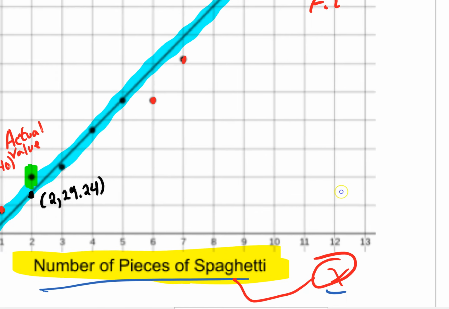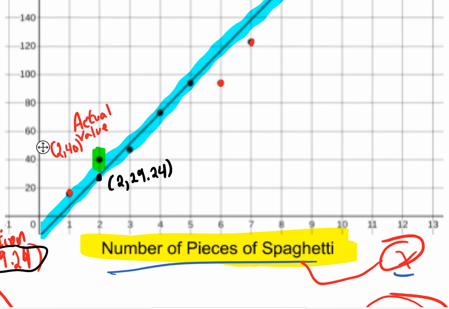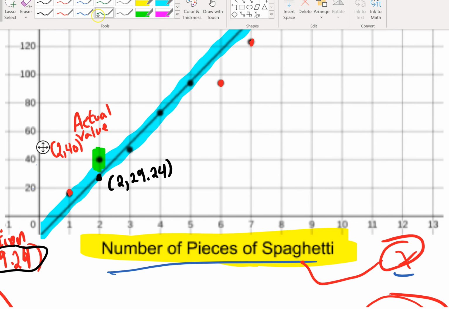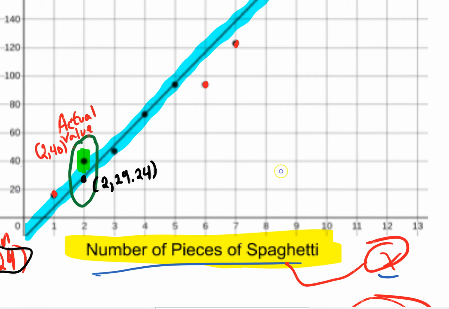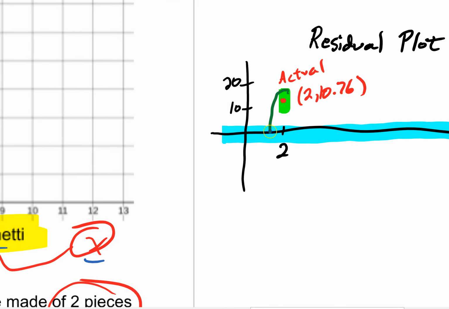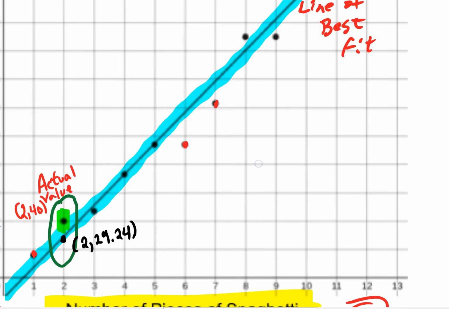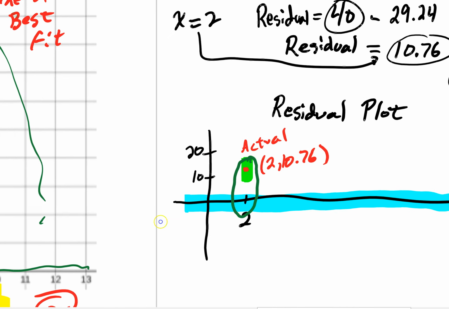What am I really getting at? I'm talking about this right here. Take a look at this. I'm going to circle this in green. Your actual point is above that blue line. It's as if we took this line of best fit and we're rotating it down till it goes on top of the x-axis.